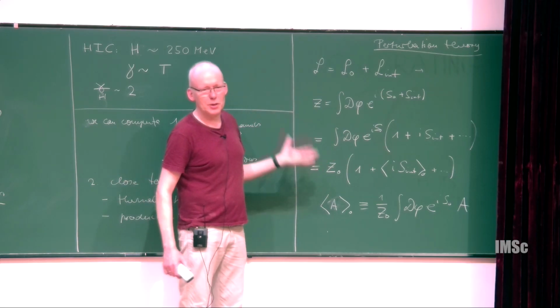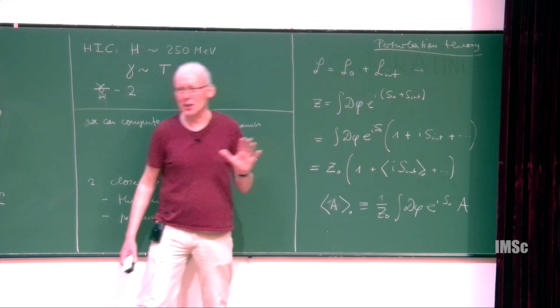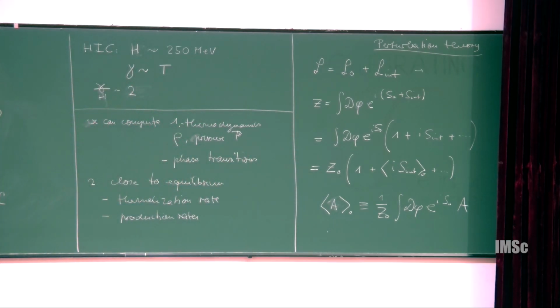But if you do it with the path integral, it's really a pain. It's very complicated, and I always tell people, better don't do it. If you want to compute the pressure of an ideal gas, you should not use the path integral, because the integration measure is, I mean, you have to be very careful.